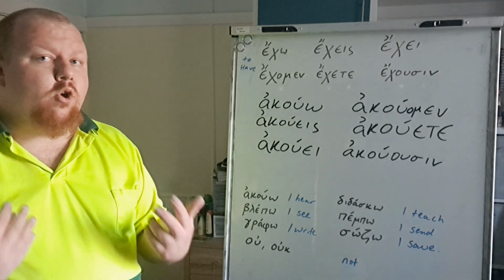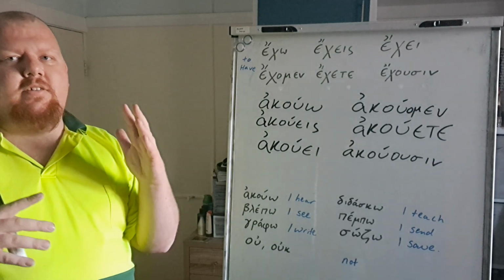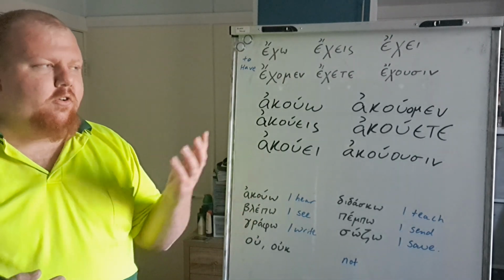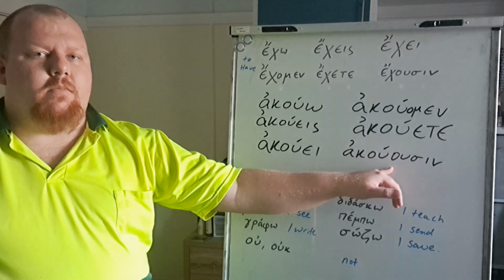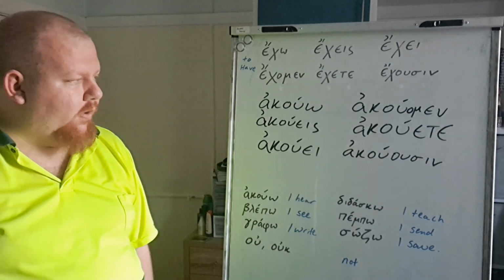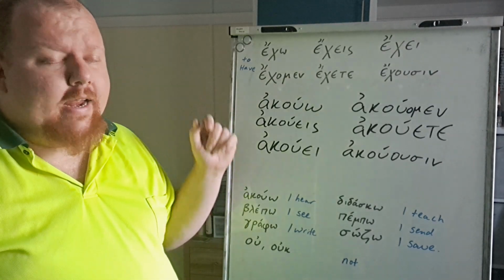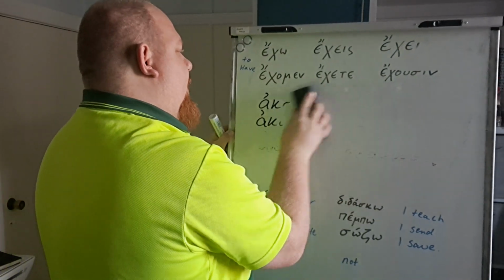So you can pronounce it either way, which is hard phonetically to distinguish, especially if you're beginning in a language. So just pronounce it akusen, but recognize there's two omicron epsilons there, okay? All right, so that is I hear.